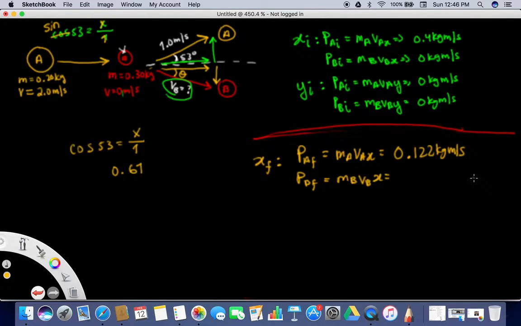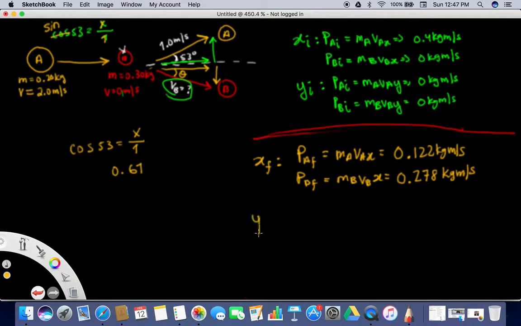So let's do that. 0.4 minus 0.122 gives us about 0.278 kilogram meters per second. All right, so that's good.